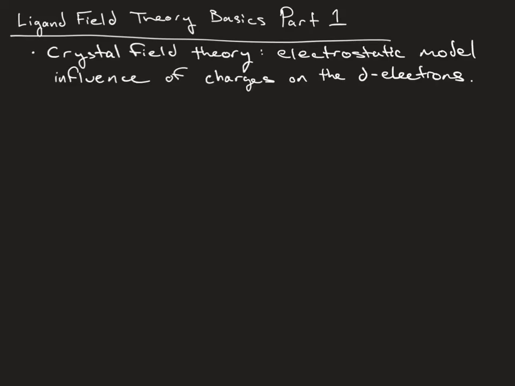We've already discussed crystal field theory, which is a purely electrostatic model in which the influence of point charges in set positions about a metal site will influence the d electrons. Basically, if you have your 5 d orbitals in a vacuum and you surround this with a spherical negative set of charges, this will elevate all 5 of those d orbitals.